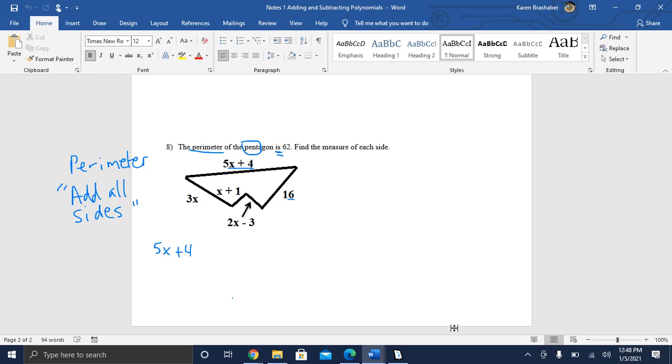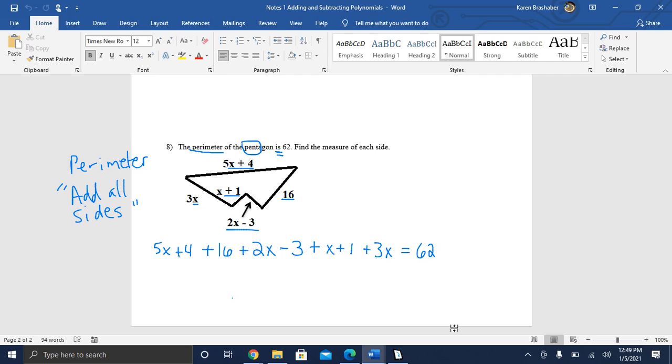We'll add to that 16. We will add to that 2x minus 3. We will add to that x plus 1. And we will add to that 3x. And it said the perimeter is equal to 62.